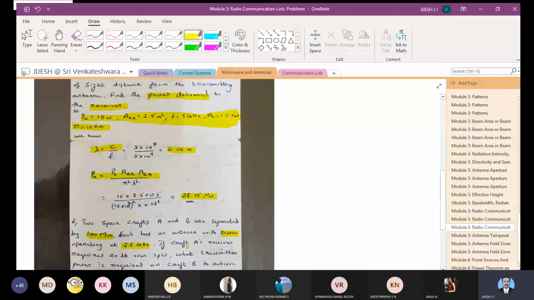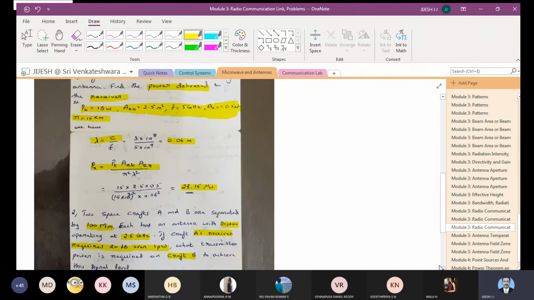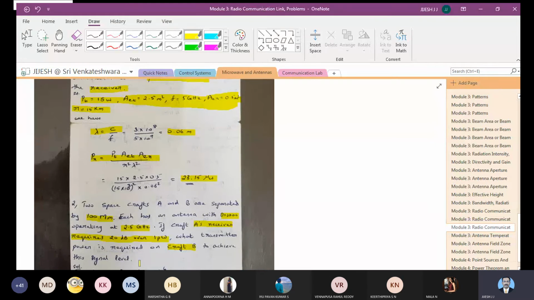If craft A receiver requires 20 dB over 1 picowatt, what transmitter power is required on craft B to achieve this signal level? So it is a little bit tricky one. You are asked to find out the transmitted power required for craft B.